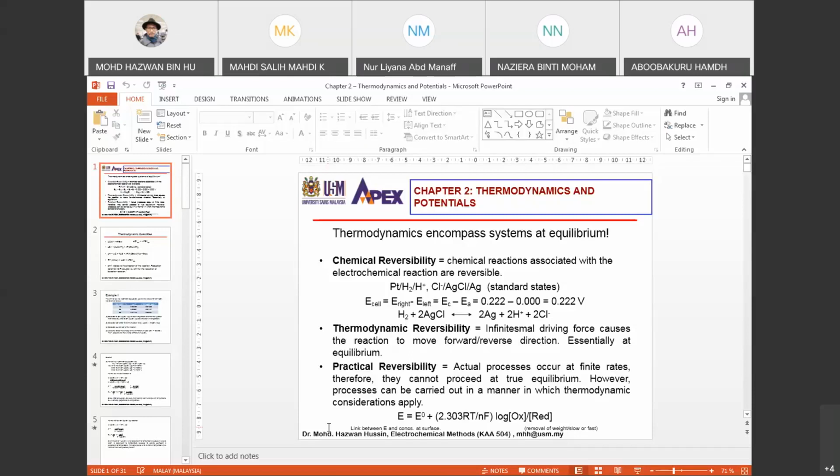Okay, all right. And at the same time, when we talk about thermodynamics, you can also relate it with the behavior of energy, because thermodynamics is always related with enthalpy, free energy, activation energy, and entropy.